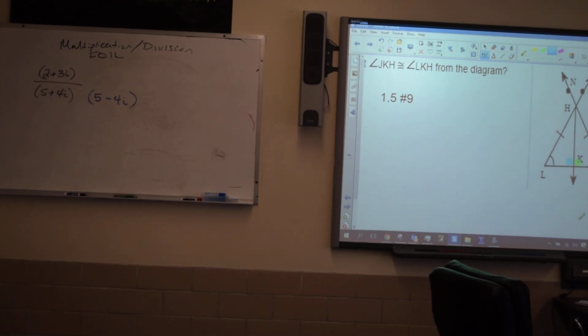Okay? Now, based off of what we know so far, is there anything that can make a conclusion, that we can make a conclusion that those two angles are congruent? It's an isosceles triangle. But what we've learned so far. There's the two lines. No. Well, those two, but that doesn't tell us anything about the angles, right?